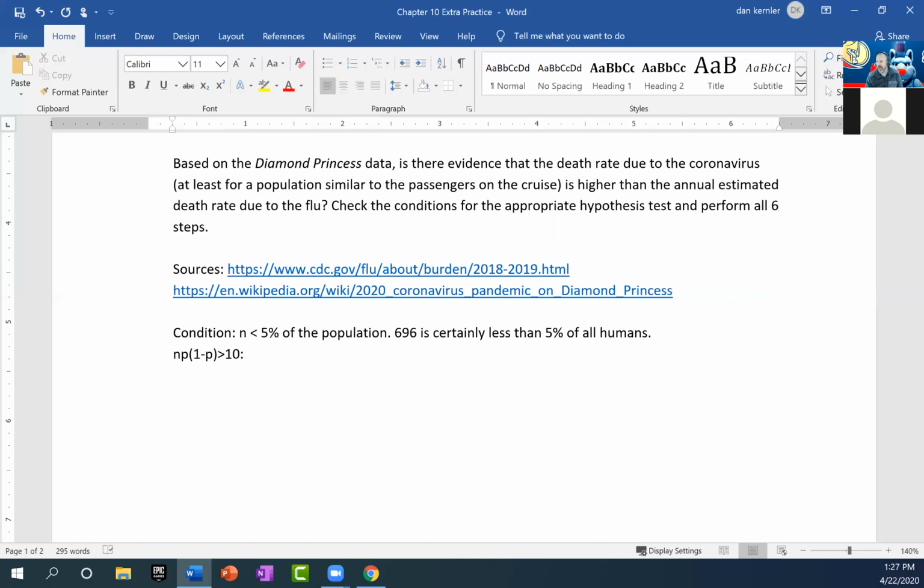So let's see here. N is 696. P is 14. No, P is 0.1. We're going to, or 0.001. That's our P that we're comparing to. Times 1 minus 0.001. I should have done this already. Let's see here. I think we're good.